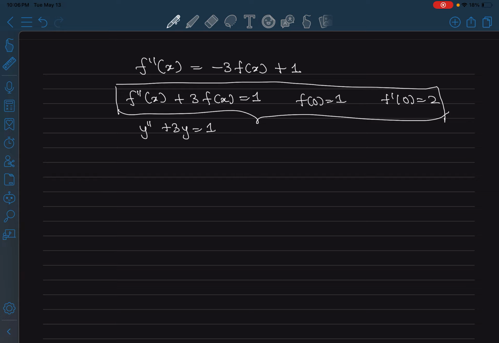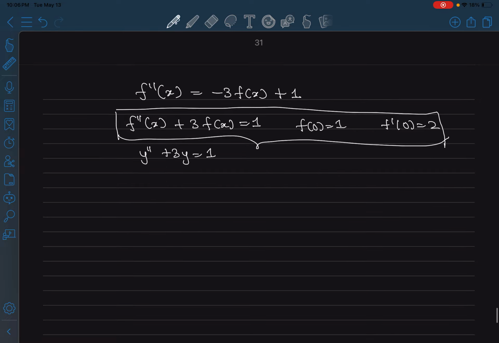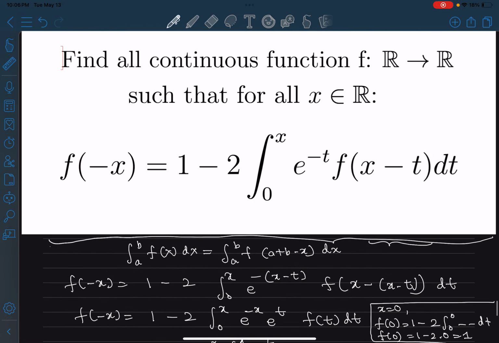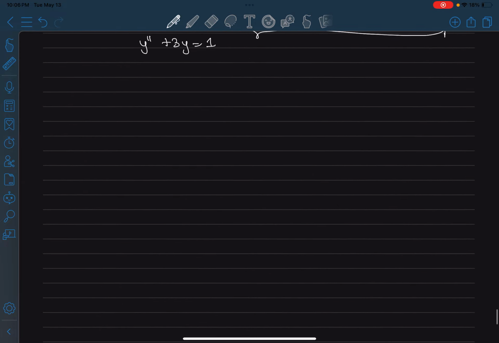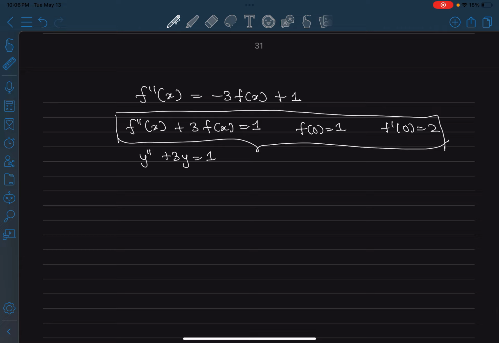And we know this has a unique solution. This has just a single unique solution, right? So if we find that solution, it's the only one satisfying the equation. Then we will be pretty much done, right? So just find that one solution of the second order differential equation and we are done.